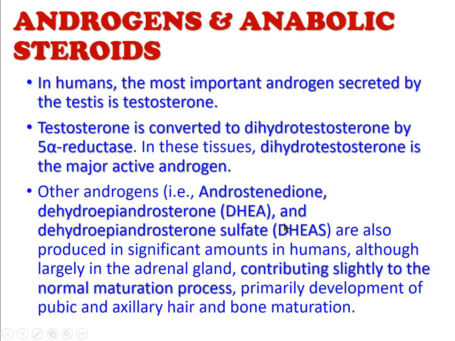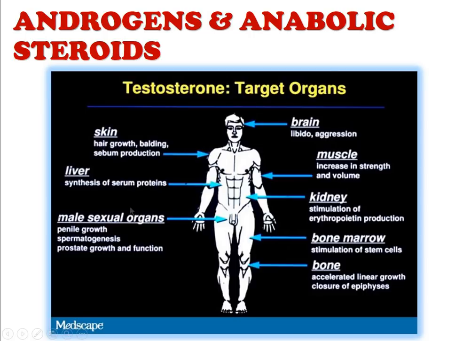Other androgens, like DHEA and DHEAS, are also produced in significant amounts, but they contribute only slightly to the maturation process. They have some other developmental functions. Make sure that you remember all these effects of testosterone in different organs.